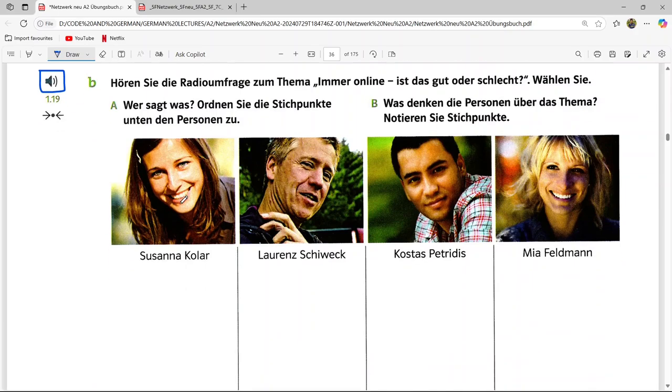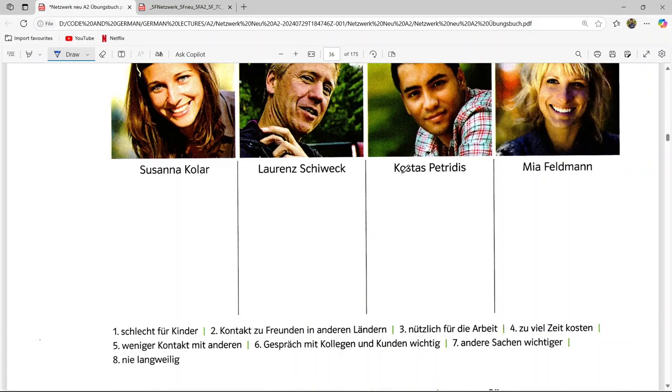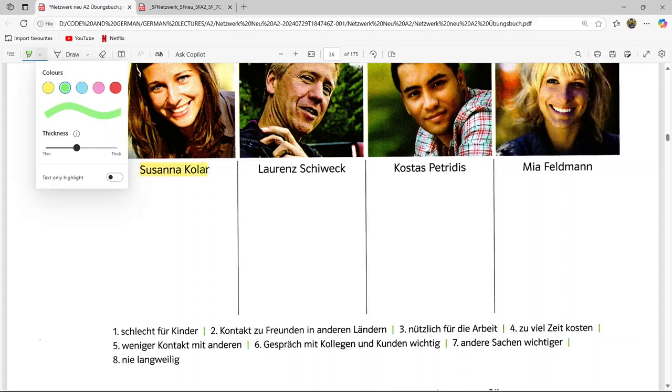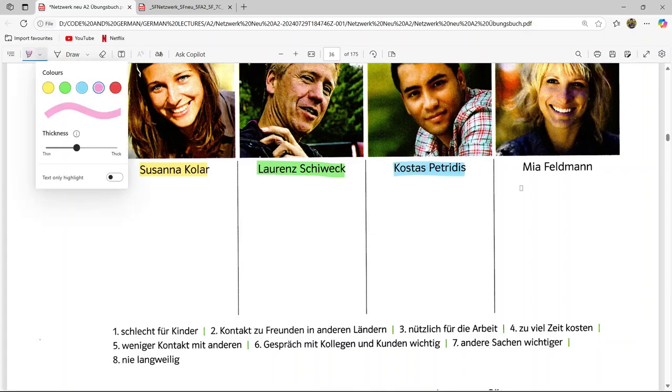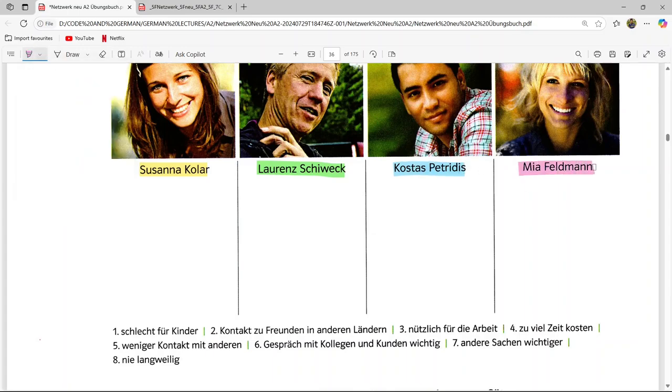So we have four persons: Susanna, Lawrence, Costas and Mia, and we have some options for them, like whether they think it is good or it is bad.